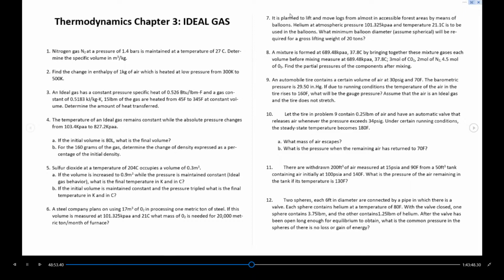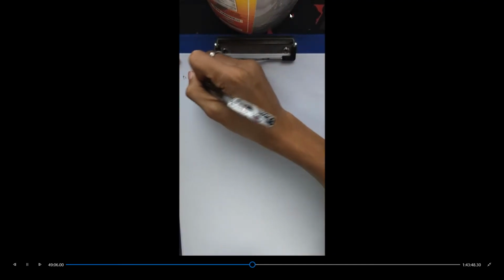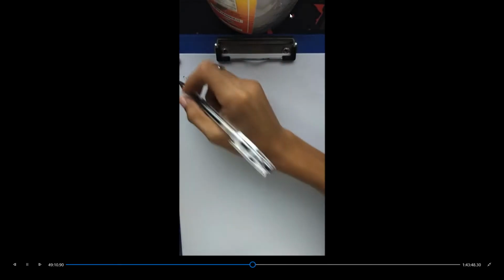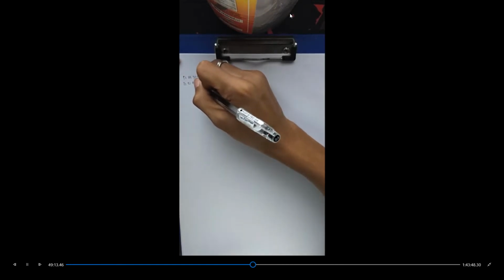What minimum balloon diameter, assume that the shape is spherical, will be required for a gross lifting weight of 20 tons? The gas used in the balloons is helium.